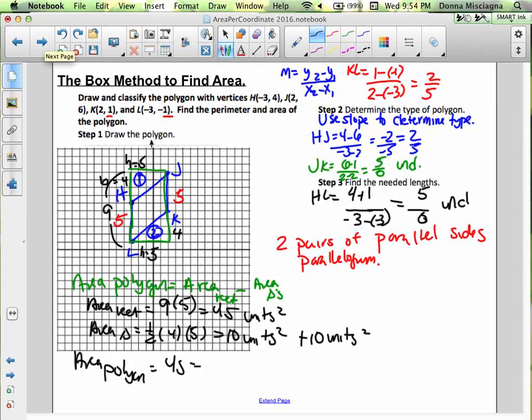Right, so area of the polygon is going to be the area of the rectangle, which is 45 units.